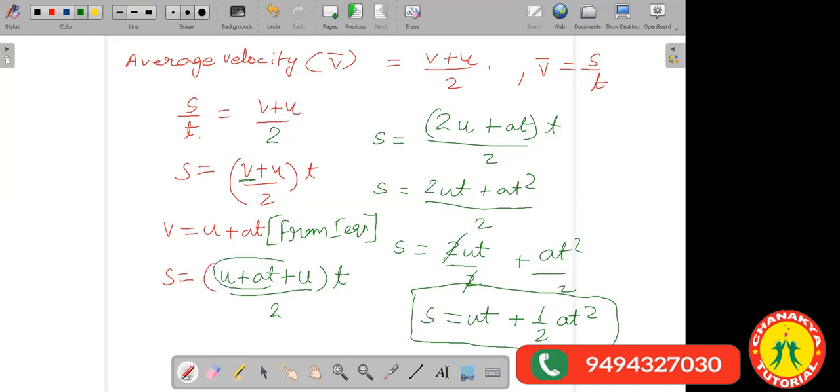Then you have the plus sign, then u, everything same. Adding these two u's, you get 2u plus at, multiplied by t.